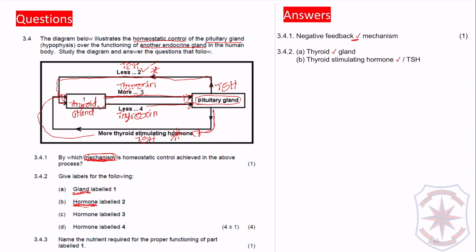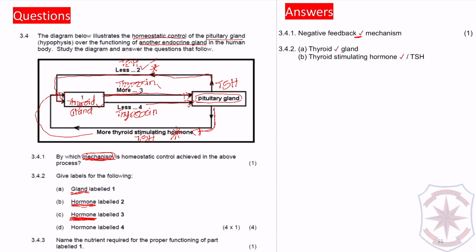Following question. Hormone numbered 3. Not a gland. Hormone numbered 3 is secreted by the gland 1.